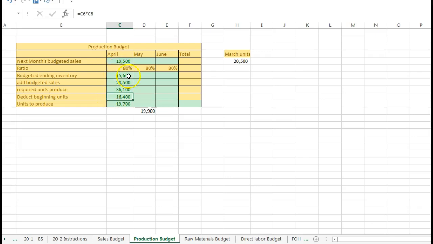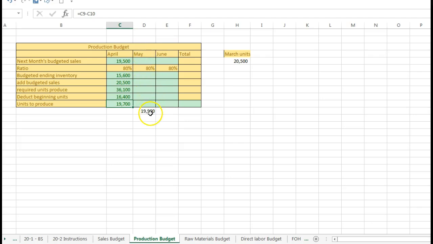It's this, but that becomes our beginning inventory down here, right? Inventory here becomes the beginning inventory down here. So don't forget that. So we have this, we're going to deduct that. So we have to produce 19,700 units.